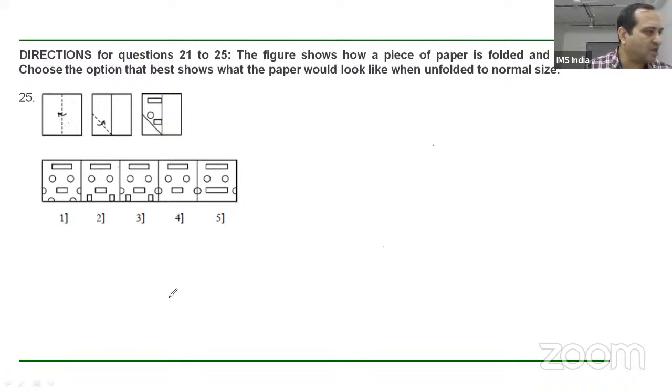Simmer, check. Others are correct. Simmer, you should realize this part, when you unfold, will give me a cut here also, which is missing in your answer, Simmer.